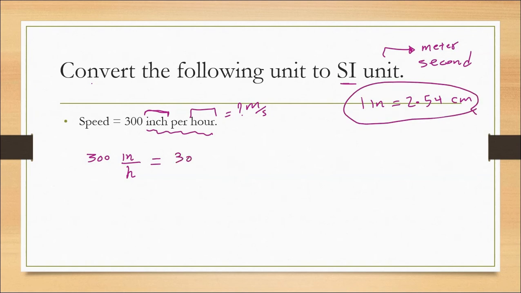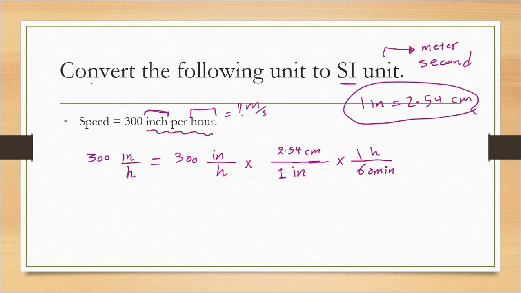So it's equal to 300 inch per hour times, because I want to cancel inch, I write it as a denominator, 1 inch is 2.54 centimeter. And hour, I want to cancel hour, so I write it up here, 1 hour, which is 60 minutes.